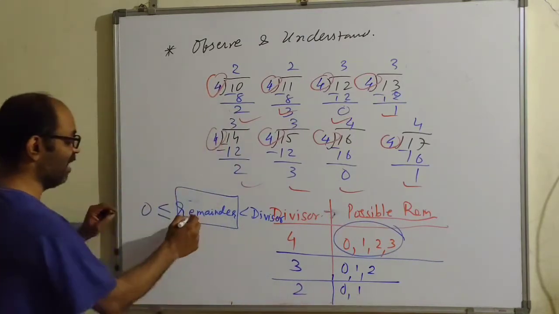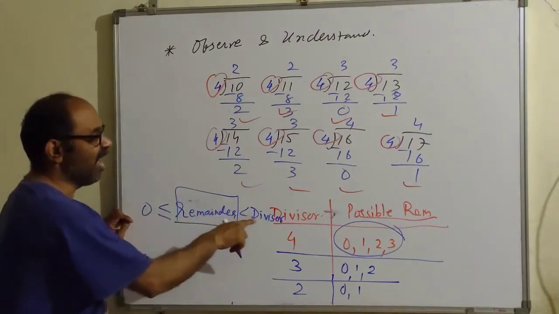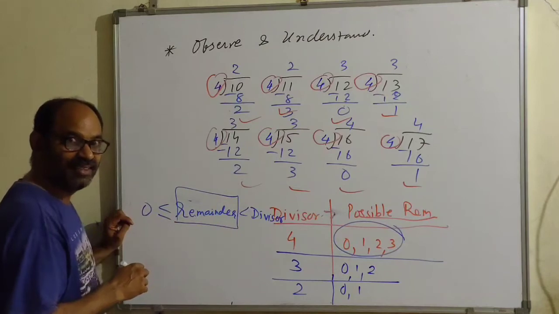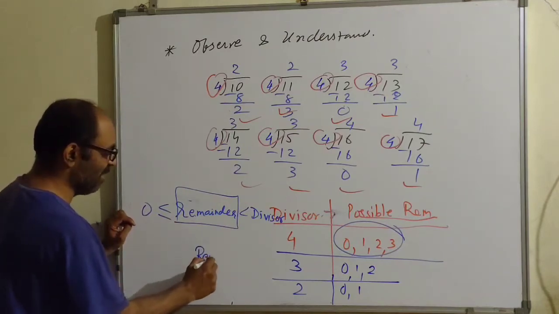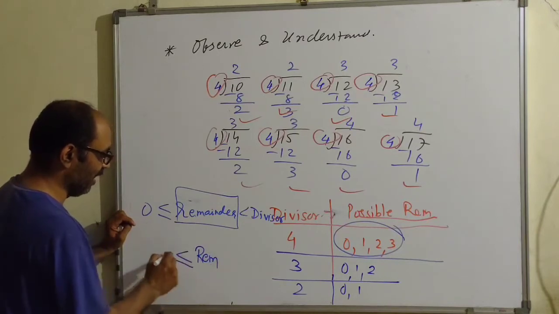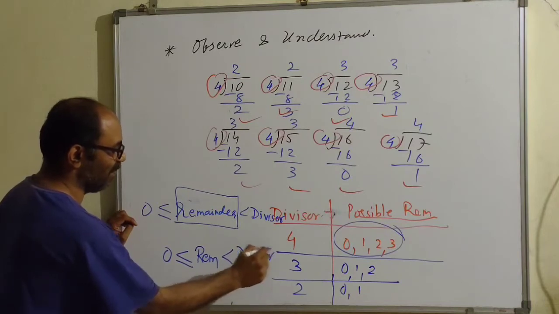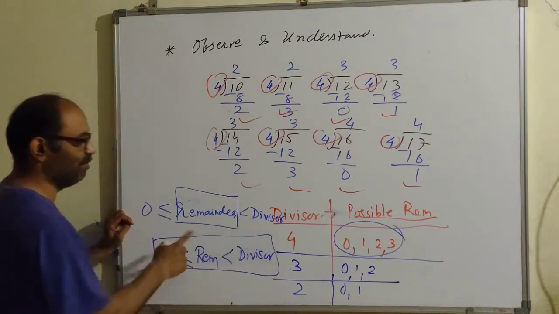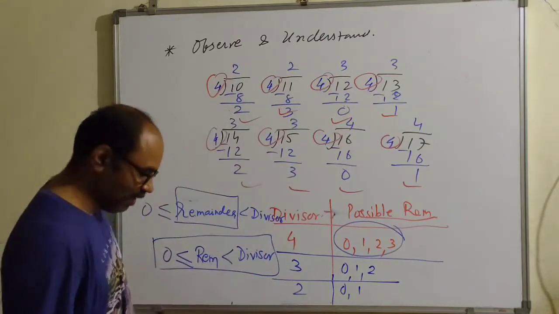So you can say the remainder is greater than or equal to 0, 0 is included, and less than the divisor. Is that clear? Should I write that again? Any remainder is greater than or equal to 0 but always less than the divisor. This is one concept that you understand. Okay? Let's move ahead.